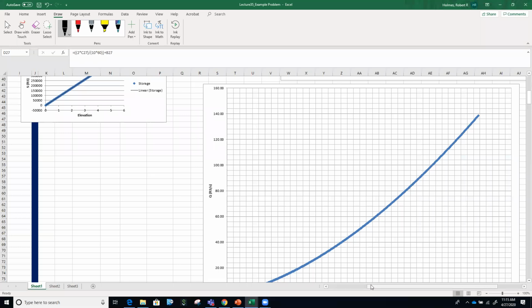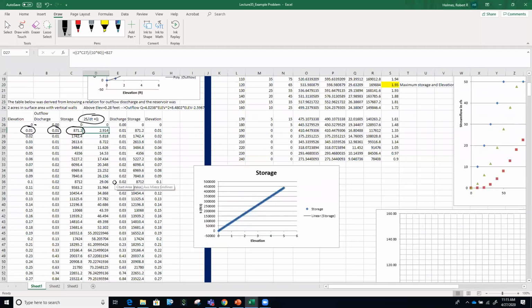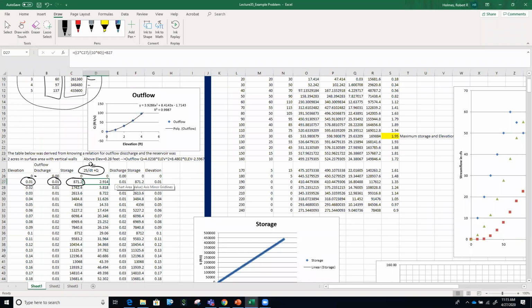All right, so as we go over and you look at this, I want to have a lookup ability, so I just repeat the values in here and rearrange them in terms of discharge, storage, and elevation.